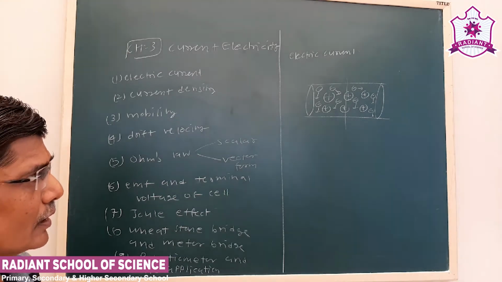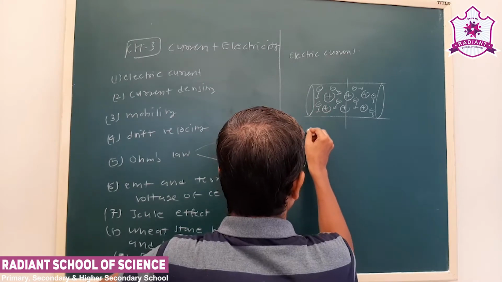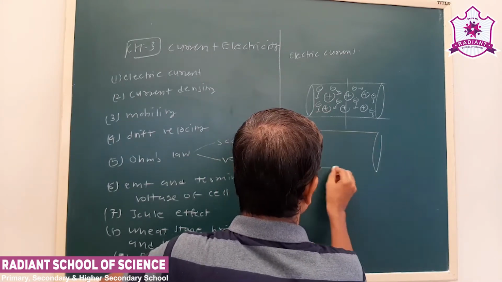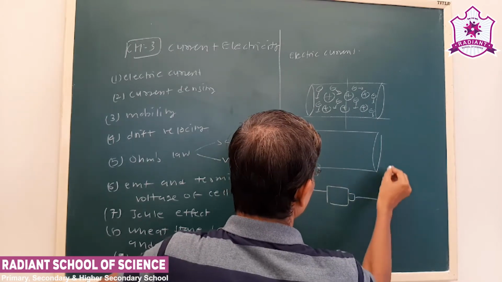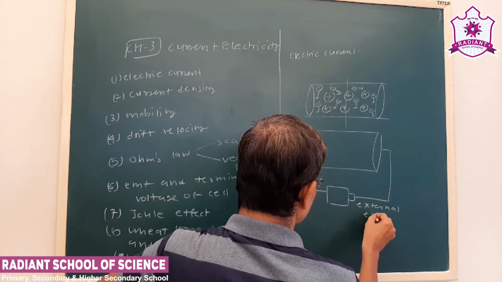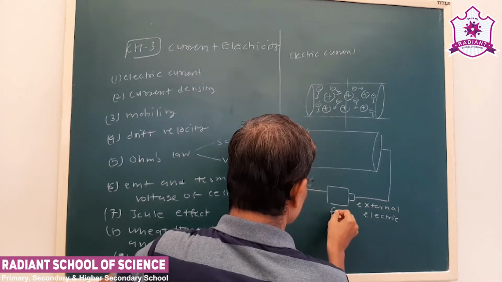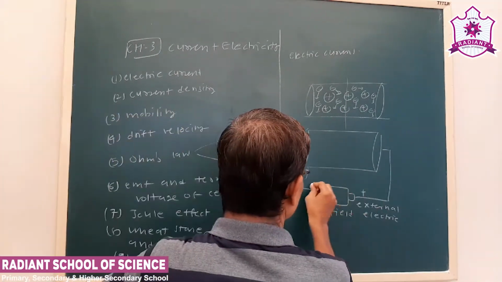But suppose we connect it with a battery. Now we know a battery is a source of electric field, that is, an external electric field. This is the positive of the battery.